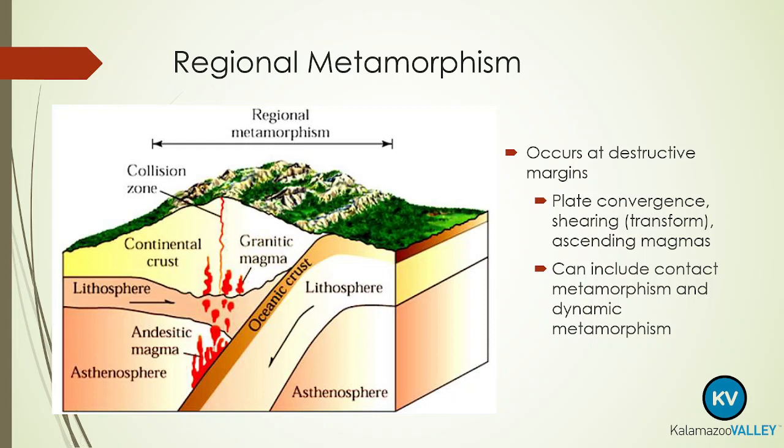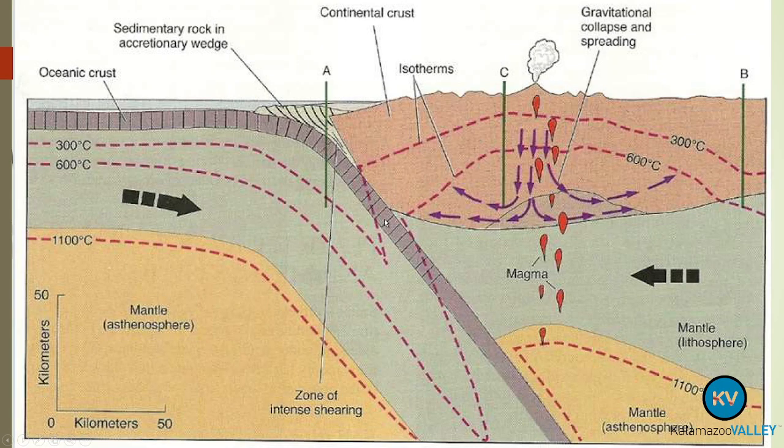some dynamic metamorphism right along the contact of the oceanic crust and continental crust because there's a high degree of pressure in this area, albeit low temperatures. But that pressure alone can be enough to generate some metamorphism at cracks or fissures, things like that, fractures.